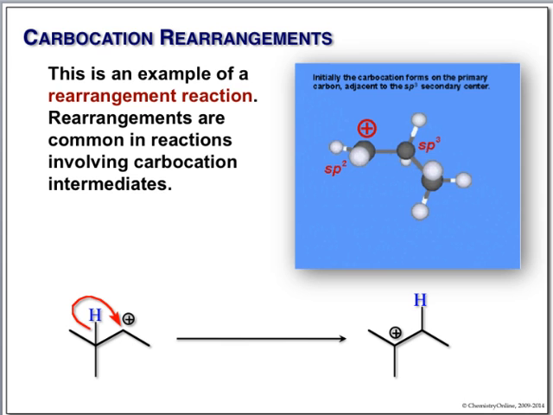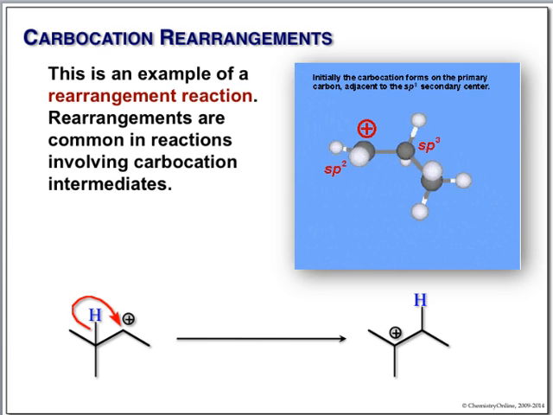And what happens is we shift the hydride from here to here, again, making the tertiary carbocation. What we're going to do here is simply shift the hydride from this carbon to this one, and it looks just something like this.